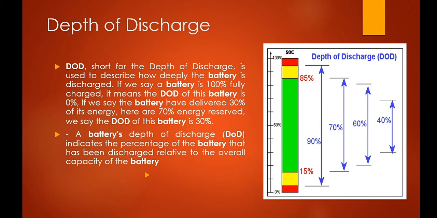But if you say the battery is at 70%, it means 30% of the battery energy has been provided to the home, to your system, so its DOD is 30%. So in the solar system we provide a DOD value to the batteries for proper working.